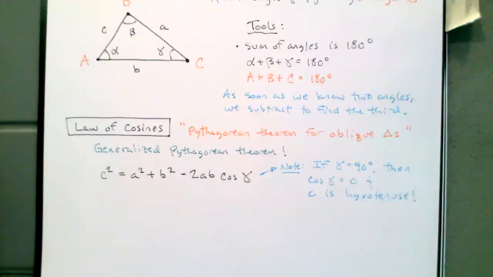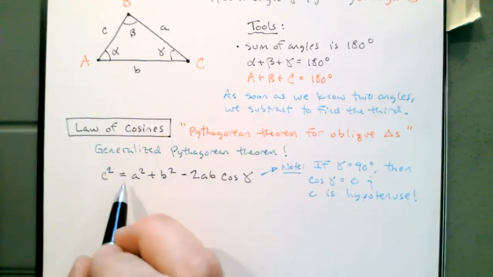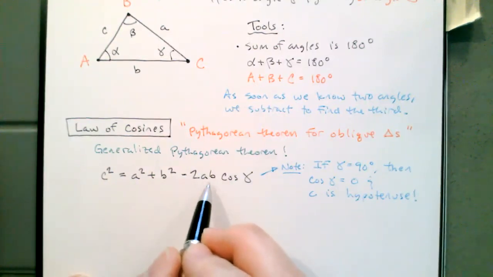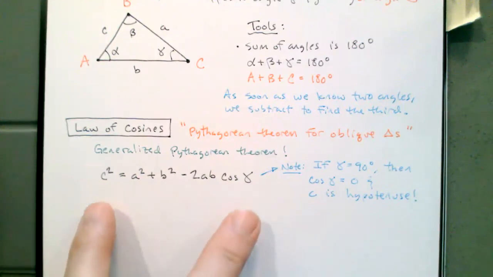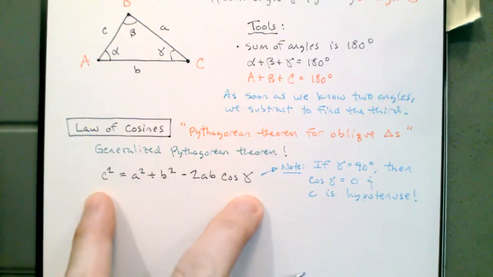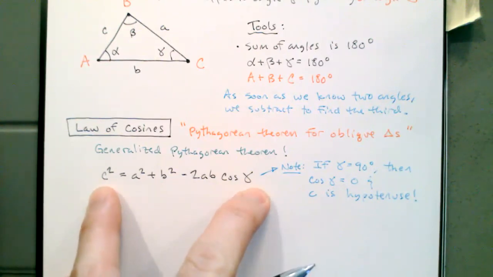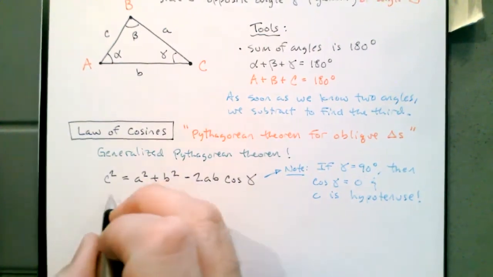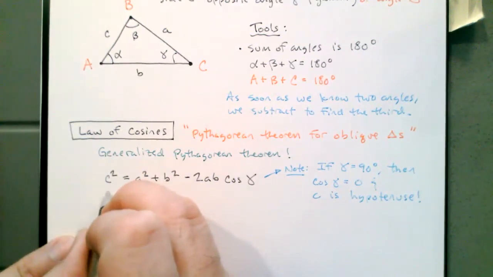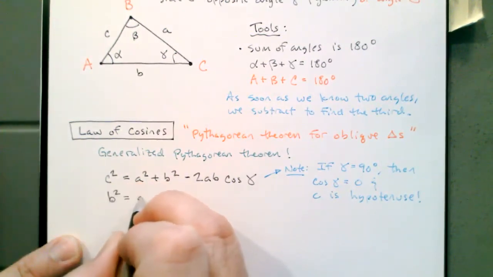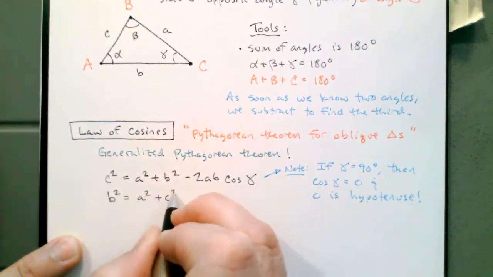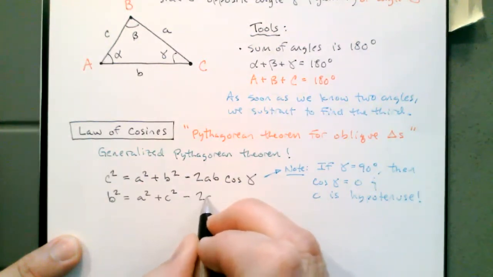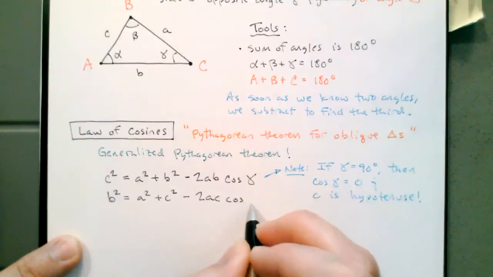So we're going to have two more versions of this law. There's C squared is equal to A squared plus B squared minus 2AB cosine gamma. Notice that the ones on the outside are the matched sets. C and gamma is what's related here. So we can also write B squared is A squared plus C squared minus 2AC cosine beta.